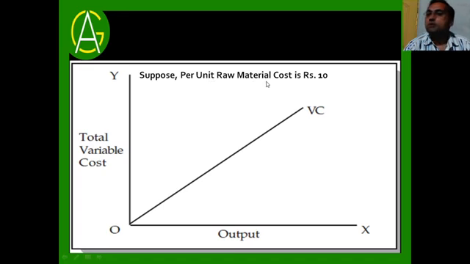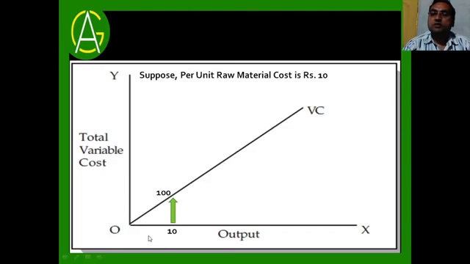If there is no requirement of raw material, the variable cost will be 0. Now if the firm starts producing and it produces 10 units of output, the variable cost will be 100, because for 1 unit it is 10, and 10 into 10 is 100. This is the variable cost of 10 units.